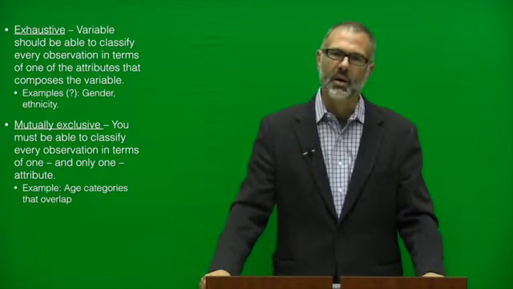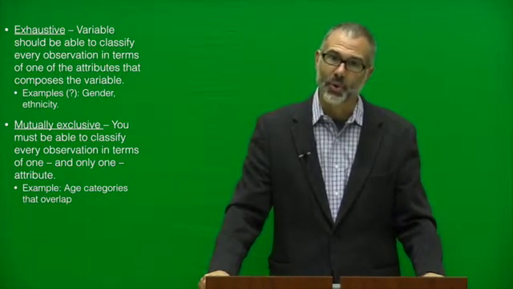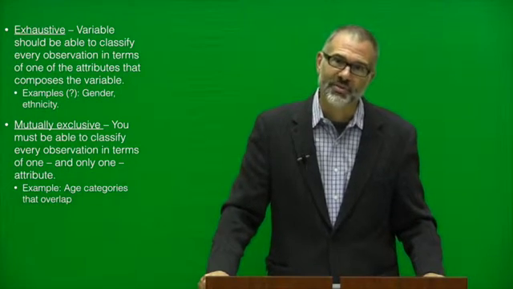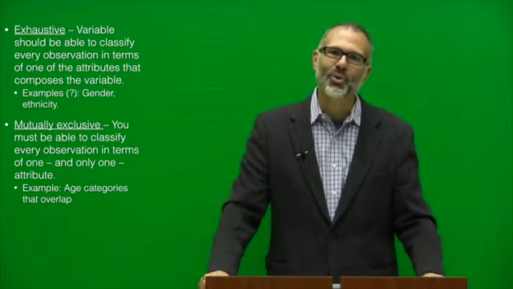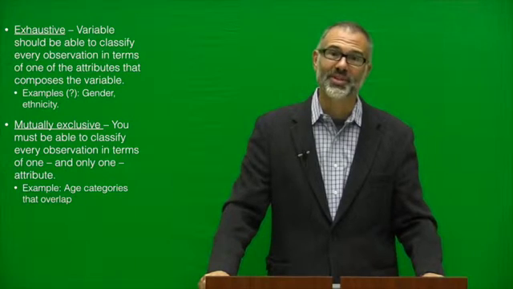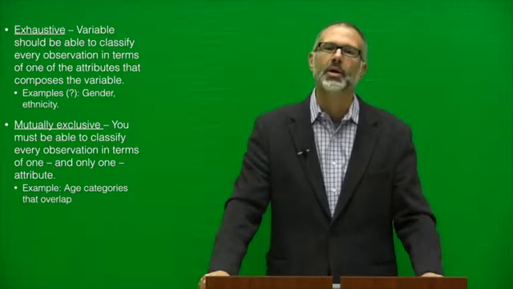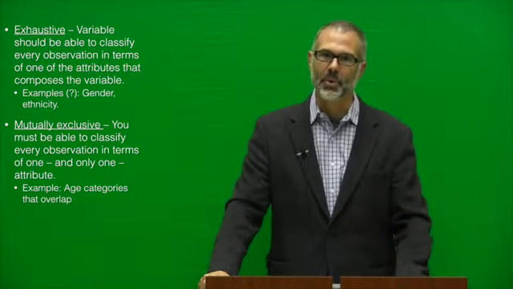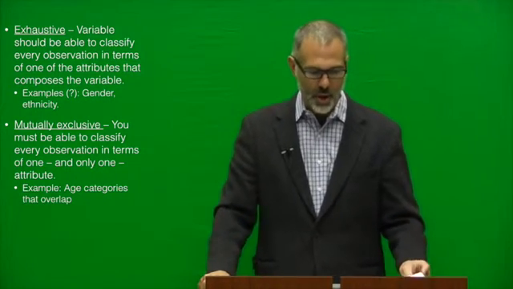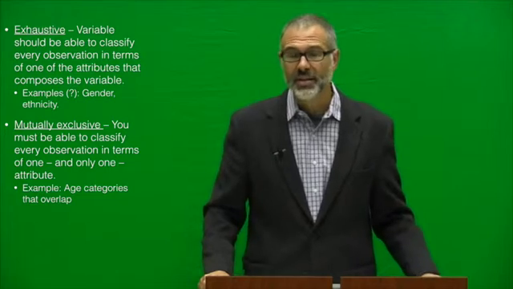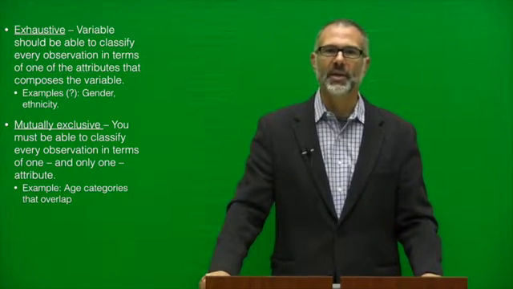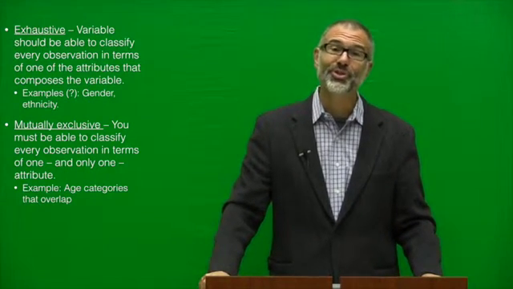Another property of variables that's very important is that they are mutually exclusive, that categories don't overlap, because this introduces a form of nasty systematic bias in our study. So if I'm asking, for example, about age ranges, my age ranges need to reflect the exhaustive but mutually exclusive categories.